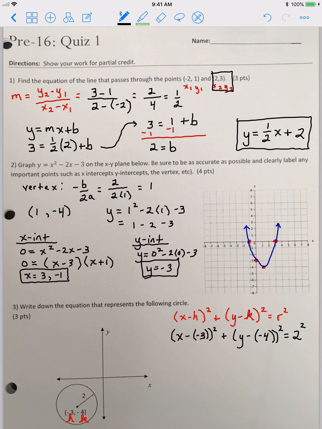So to clean that up a little bit, you would write x plus 3 quantity squared plus y plus 4 quantity squared equals, and then 2 squared would be 4. And this is the equation for the circle. And we're all done.